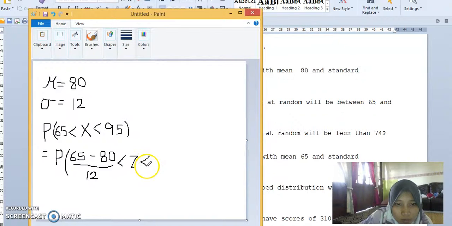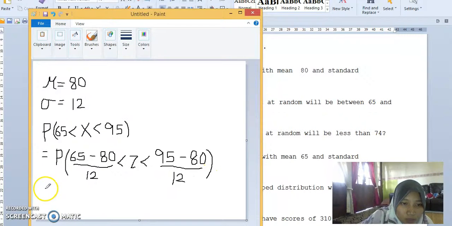Okay, so on the right hand side, you do the same thing. You use the formula to convert x into a z value. So 95 minus 80 divided with 12. Alright.